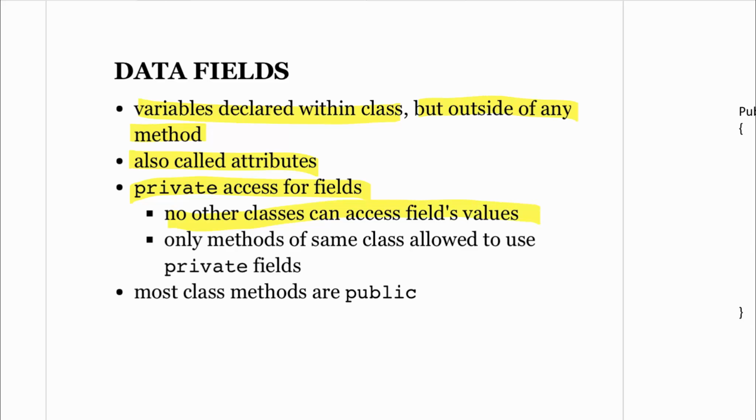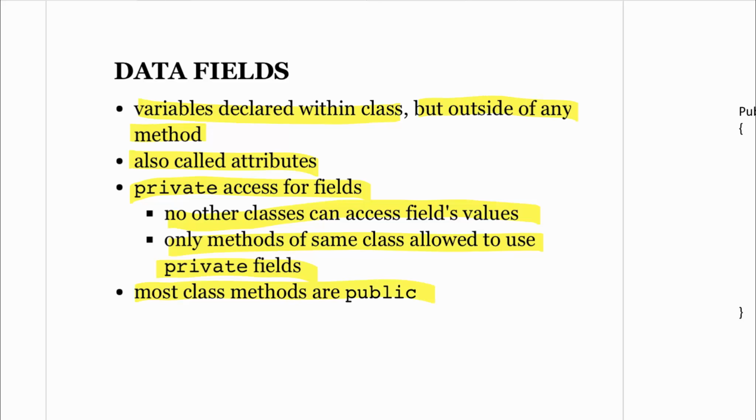It's private to the class that it's declared in. And one thing to note is that it's not private to everything, it's just private to other classes. So methods of the same class are still allowed to use private data fields.